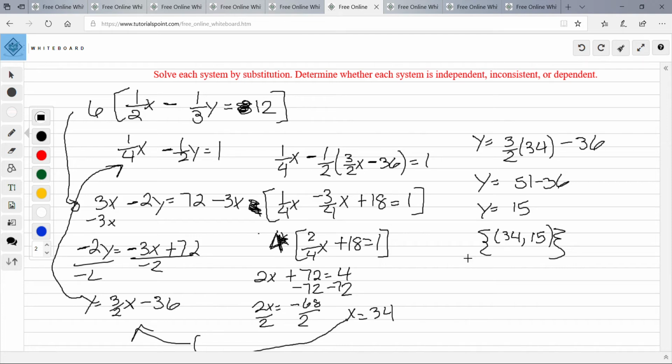So yes, it's consistent and independent with one solution.